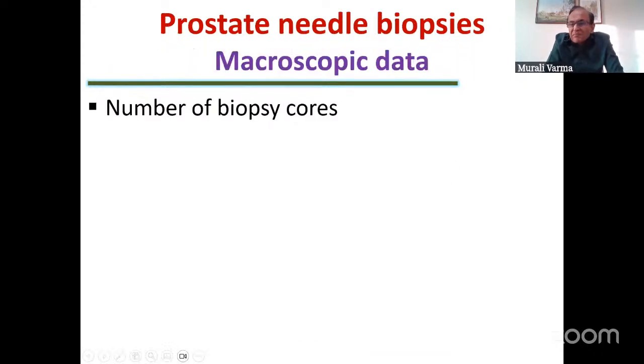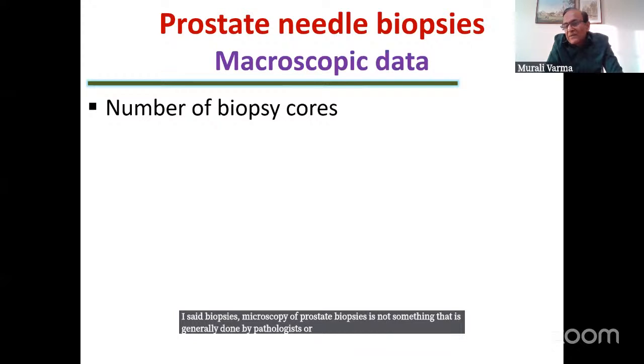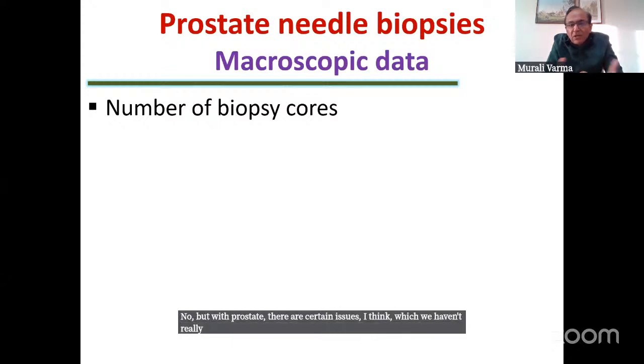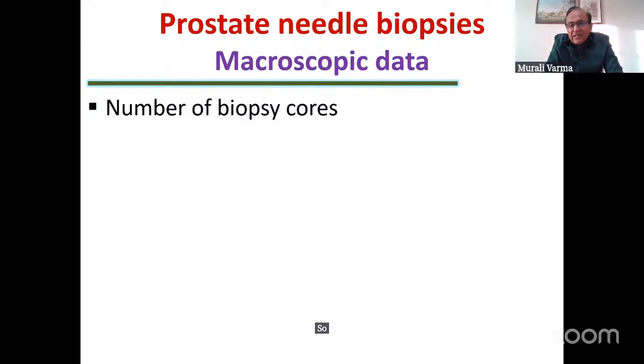Prostate biopsies. Now, macroscopy of prostate biopsies is not something that is generally done by pathologists or trainees or advanced practitioners or PAs. It's left to the small bench. But with prostate, there are certain issues, I think, which we haven't really discussed. One of the important things in prostate is the number of biopsy cores.